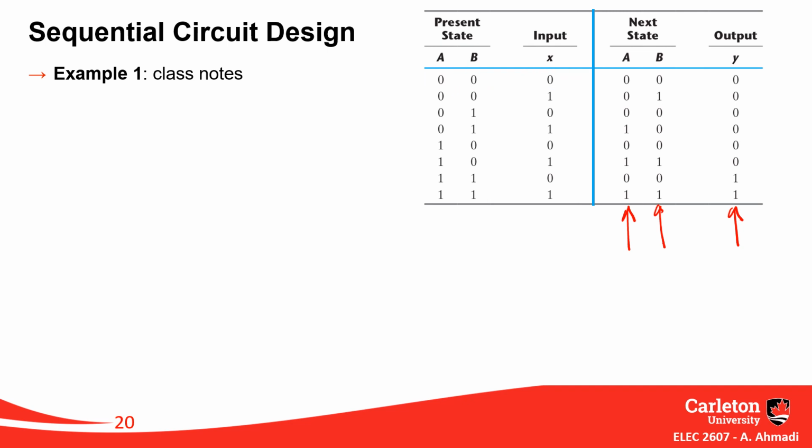If you use D flip-flop or T flip-flop, you need 3 K-maps for A, B, and Y, or inputs of your flip-flops for DA, DB, and Y, or for TA, TB, and Y. And if you use JK flip-flop, you have to find JA and KA, also JB and KB inputs of your flip-flop, and again Y. Y would be the same because Y is calculated based on your current state and input anyway.